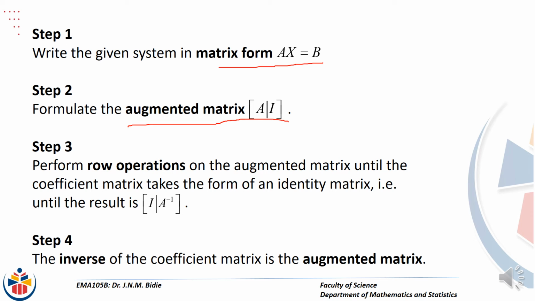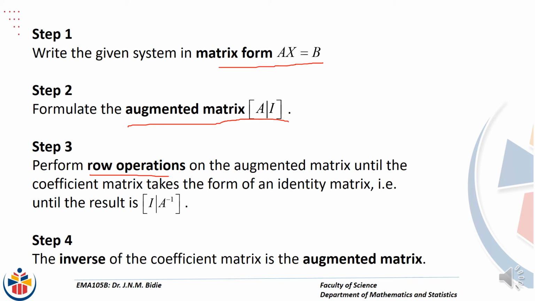So we formulated an augmented matrix, and then what we do is to perform row operations to make sure that our A takes the form of I, and when you do whatever you do on A, it also changes I. So when you do something to one entry in a row, you have to do it to the whole row.